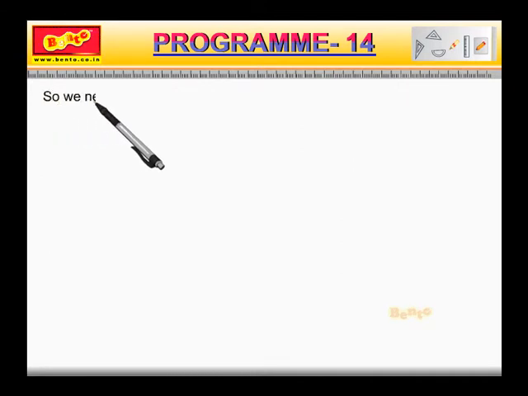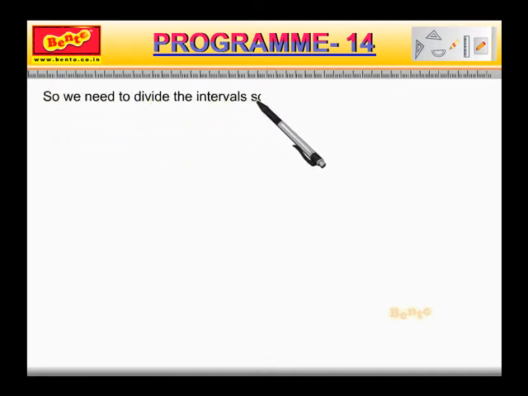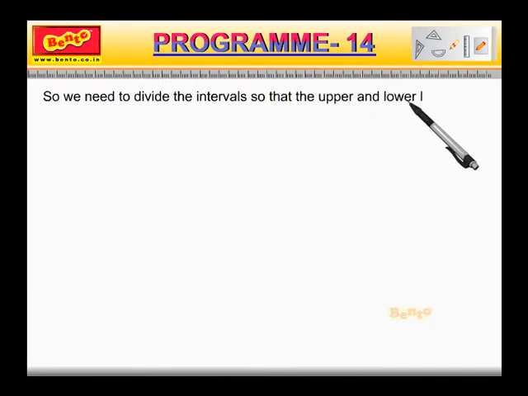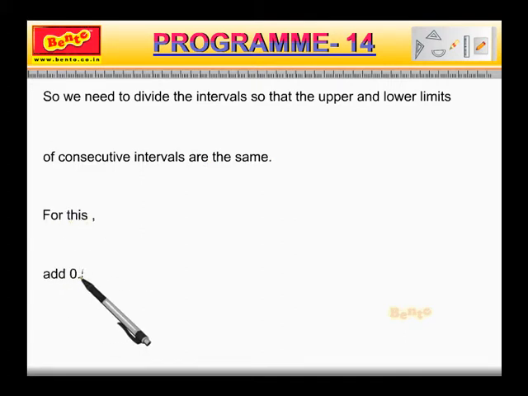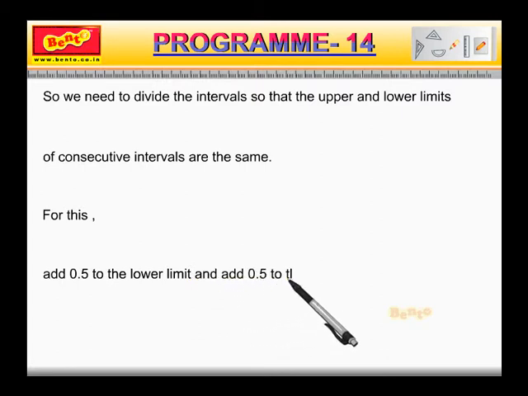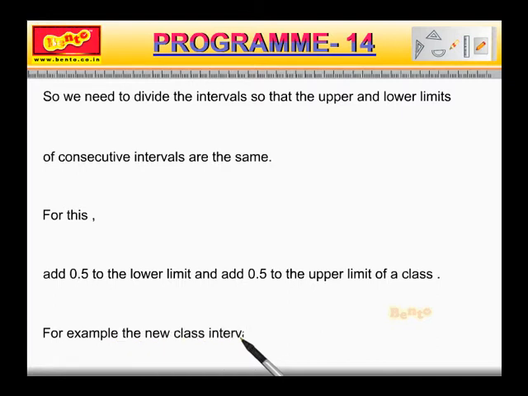So, we need to divide the intervals so that the upper and lower limits of consecutive intervals are the same. For this, subtract 0.5 from the lower limit and add 0.5 to the upper limit of a class. For example, the new class interval for 20 to 30 is 19.5 to 30.5.